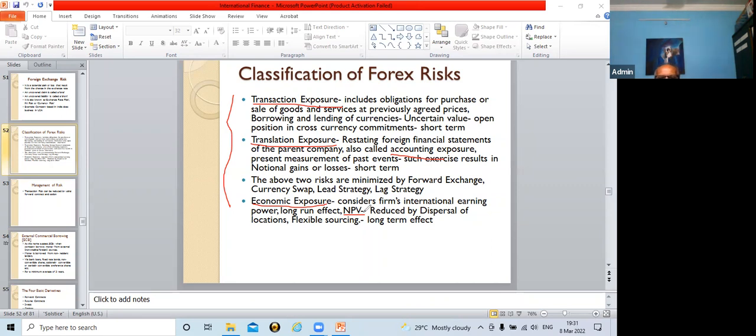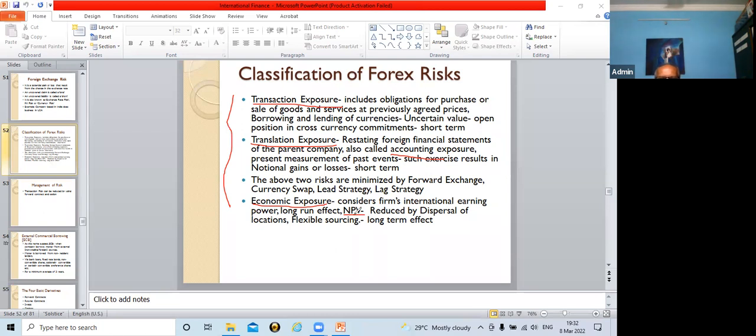And suppose if there is more than one proposal, and all are positive NPV, you have to make a ranking. The highest NPV value will be given first priority, and then next, likewise, we'll have to give the ranking on the basis of positive value.